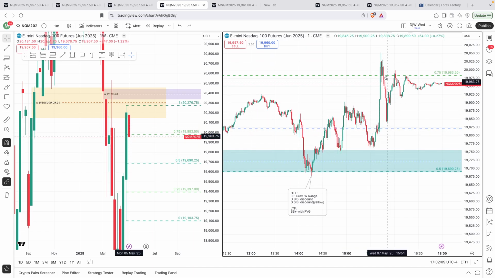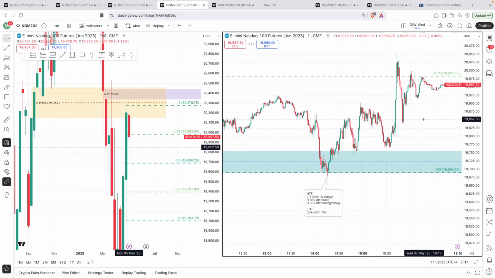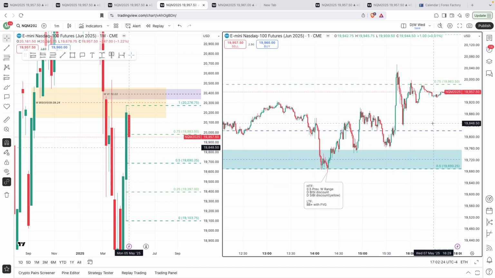So if you're caught offside, in like a minute it can move 100 points, and then in 2 minutes it can move like 200 points. So it's very, very, very high risk. So there are good opportunities as well, but it's very important to respect the risk and use a stop loss.